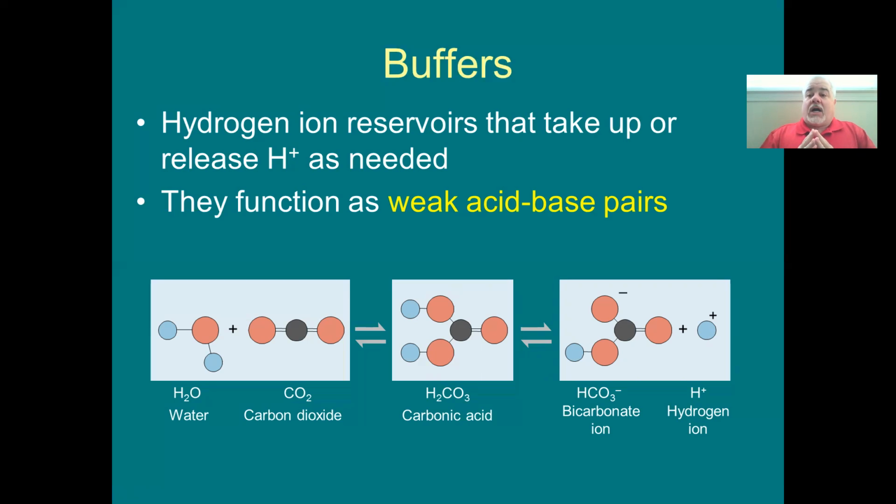But on average, at any given moment, all 5 of these compounds are in that water droplet. There's water, dissolved carbon dioxide, carbonic acid, bicarbonate, and hydrogen ions, which means it's slightly acidic.